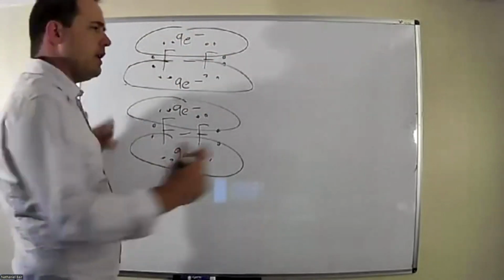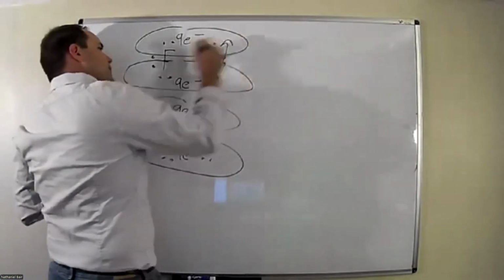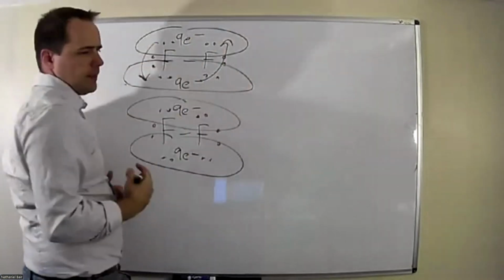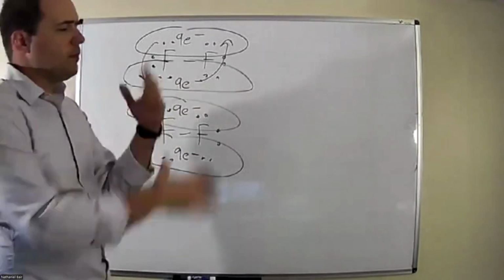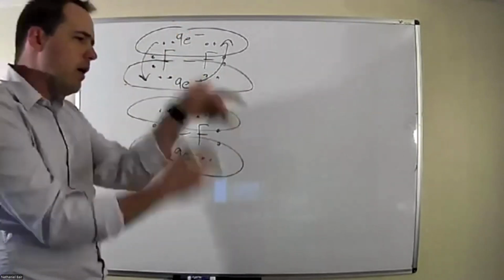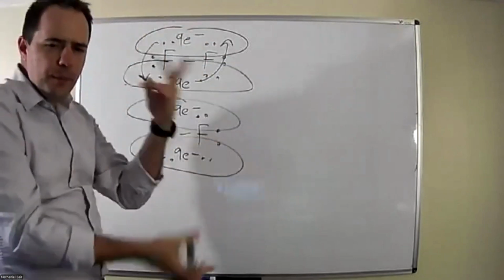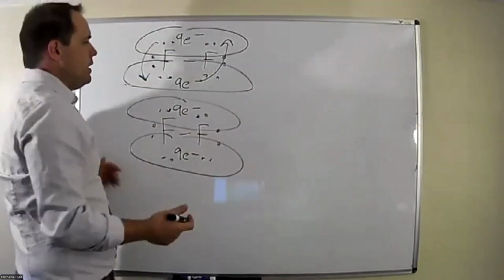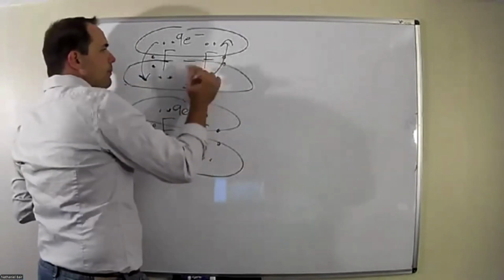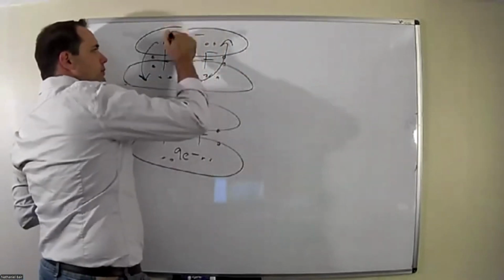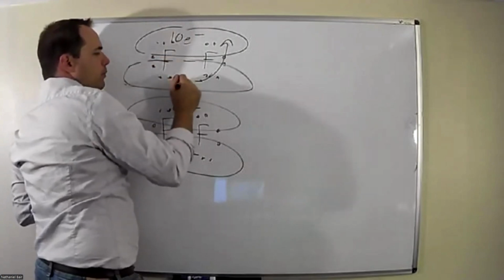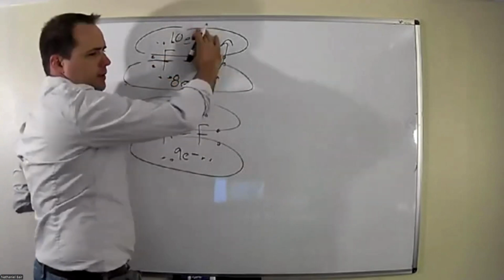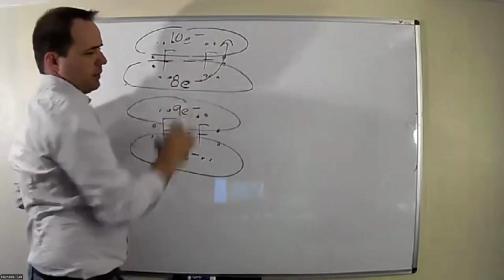It's just that at any given moment, if one electron goes up, one should come down at the exact same moment in time, and we should still have 9 and 9. But you can imagine that if these electrons are whirling around the molecule, maybe an electron goes up, whoop, and one doesn't come back down right away. And for a moment in time, I have 10 electrons on the top and 8 electrons on the bottom.